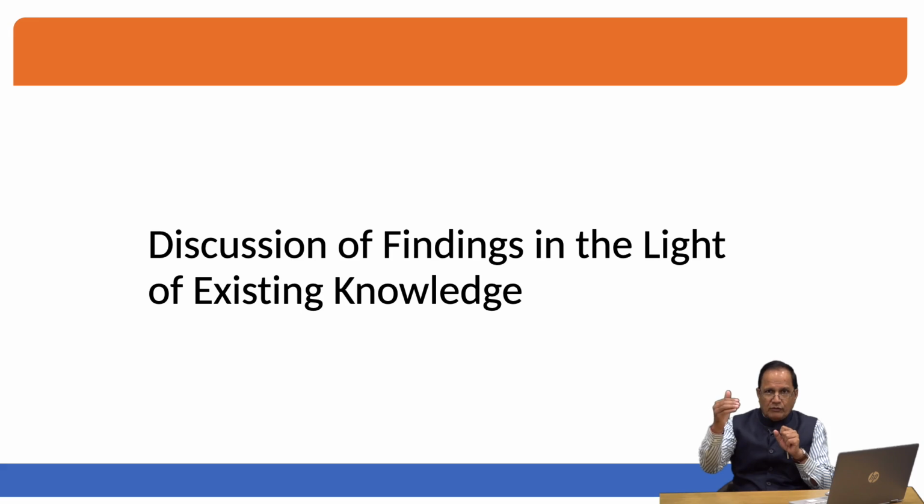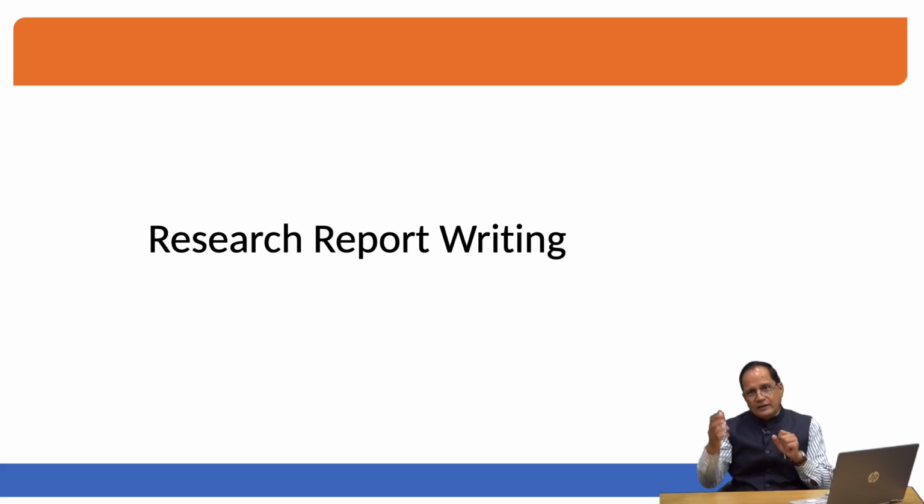But in case of research paper writing, that report will be typically different than the research thesis, dissertation or research report. First, we will discuss the research report written for the purpose of dissertation, thesis or research report.